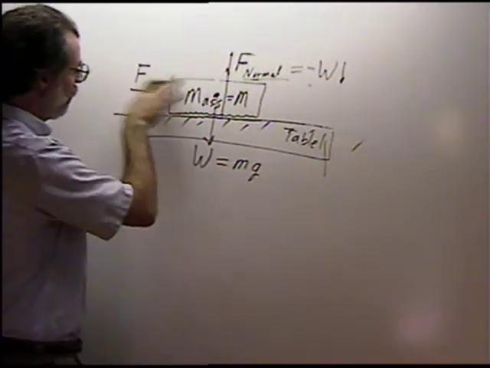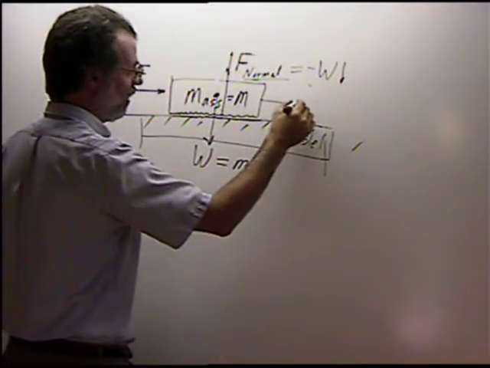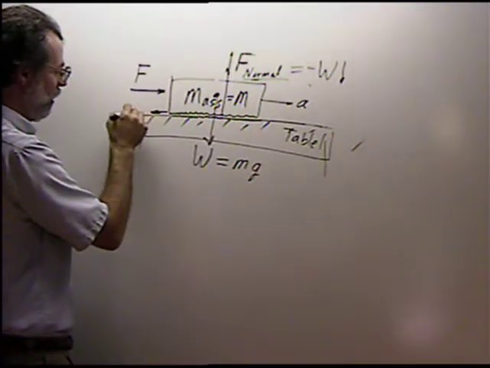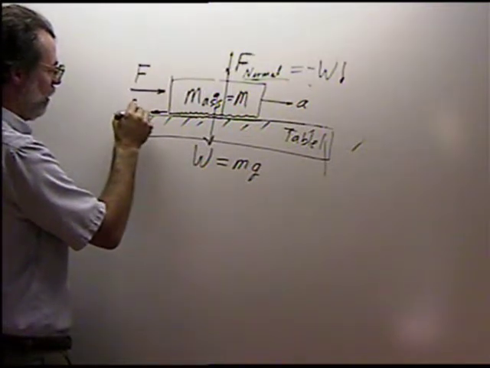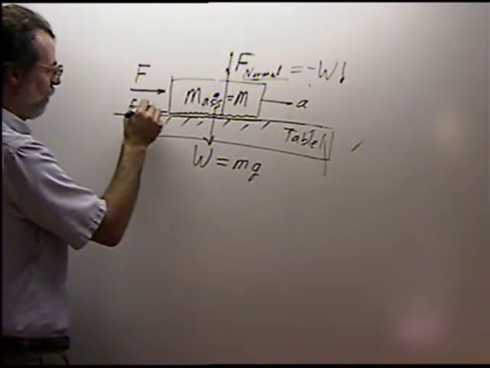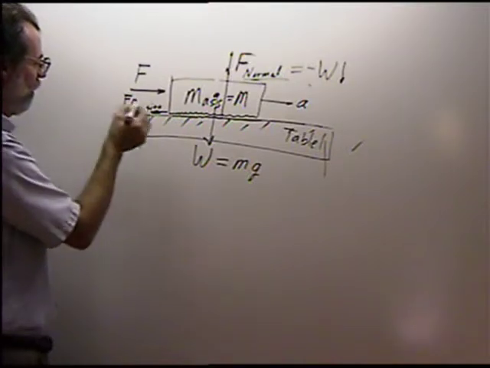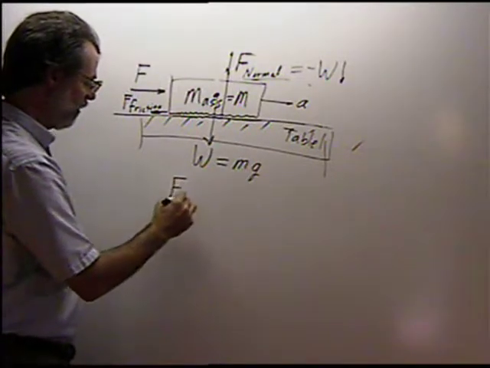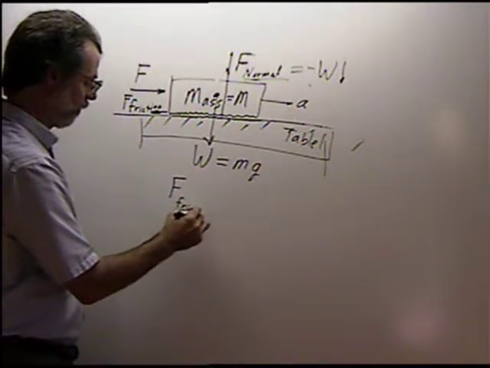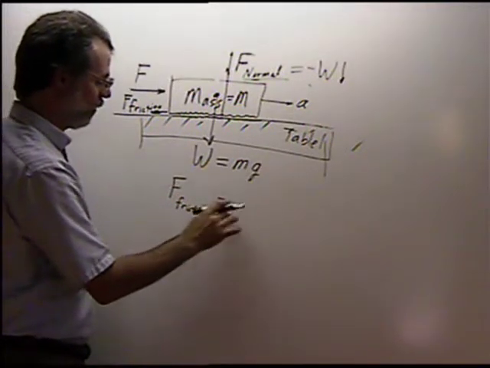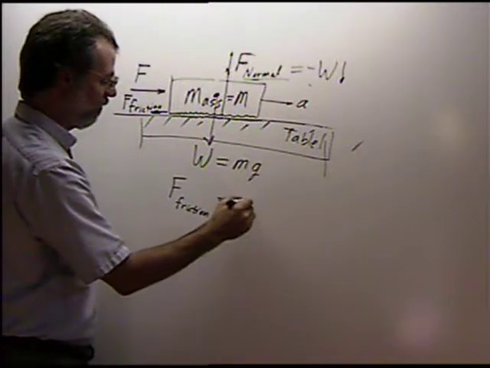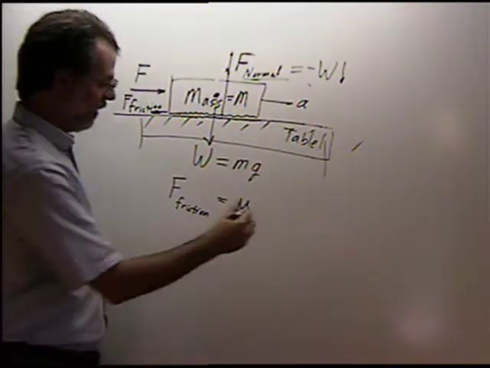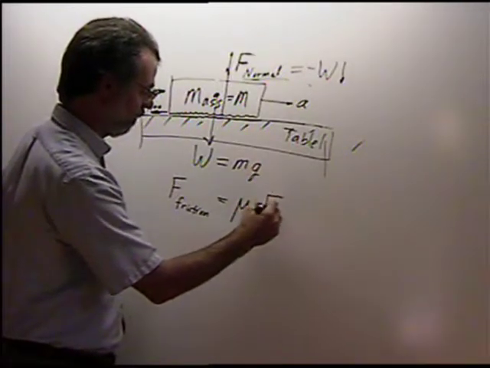Remember, if we push the object this way and the object accelerates, there is a friction force that acts opposite. The size of the friction force is equal to what's called the coefficient of friction, given the Greek symbol mu, times the normal force.